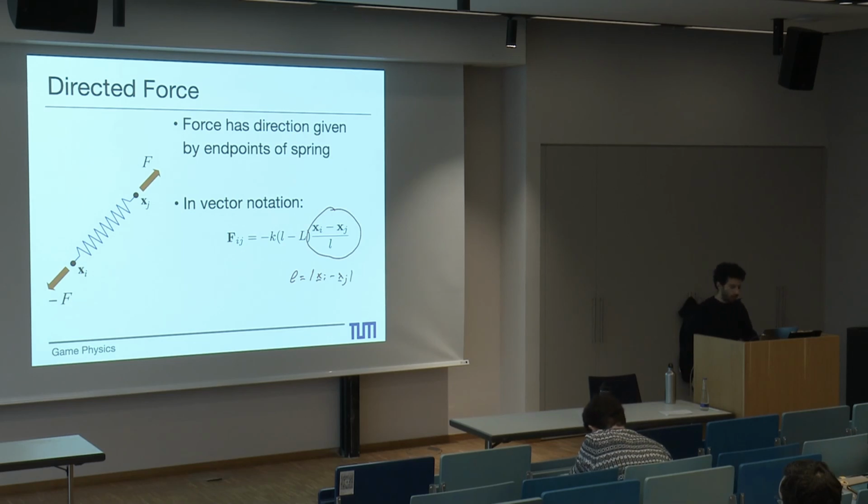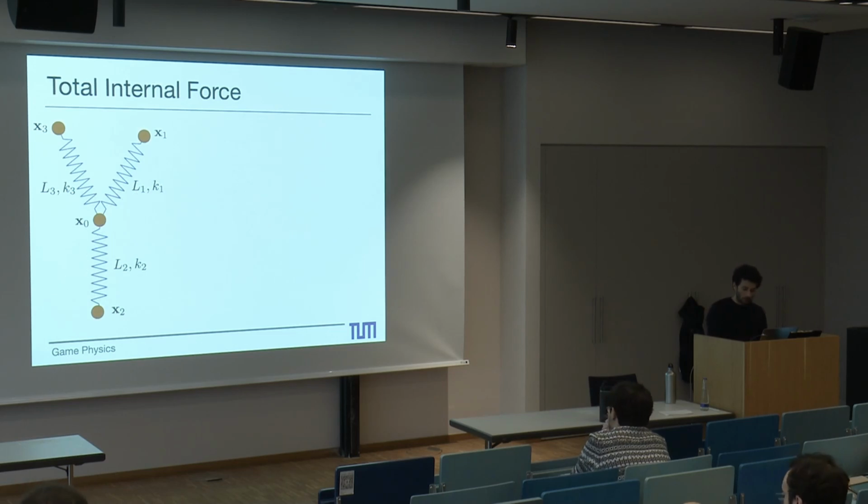So whenever we are modeling it, we always have a force that is going to pull in the opposite direction and along the direction of the spring. This, of course, is just the starting point, because we are looking at one single spring and 2 points. So what we're going to do now is extend this to a set of springs.